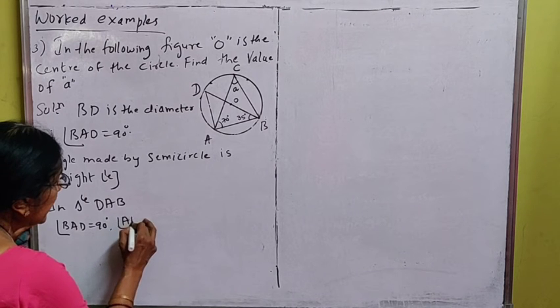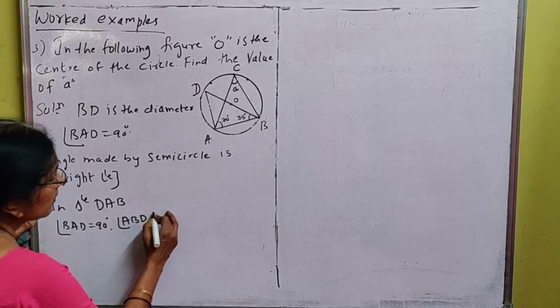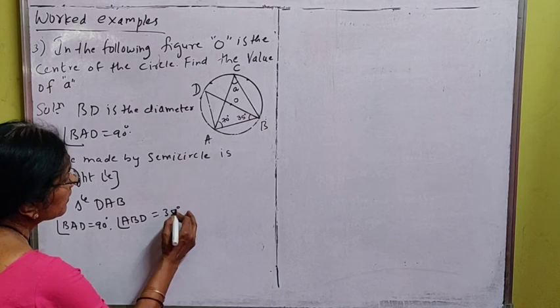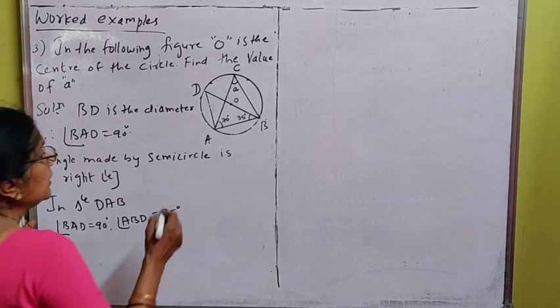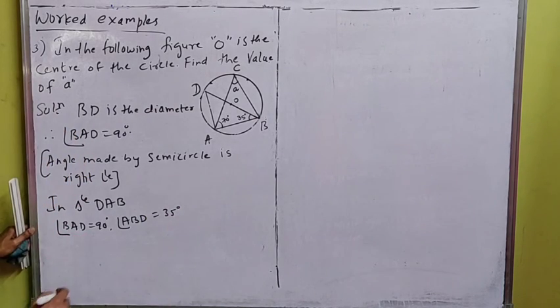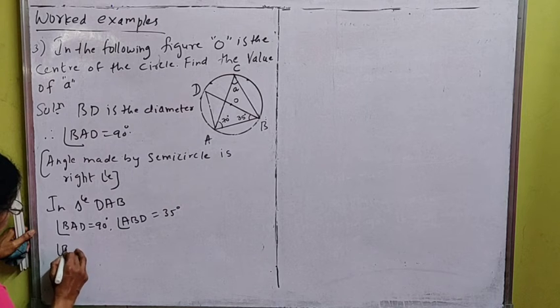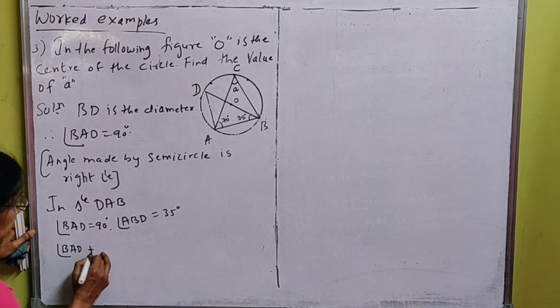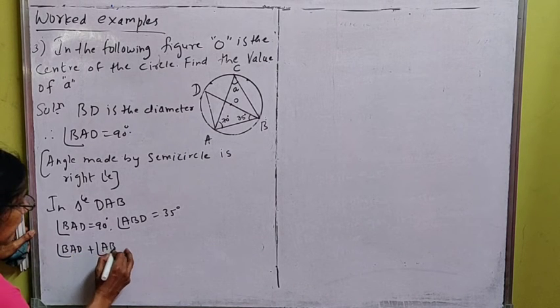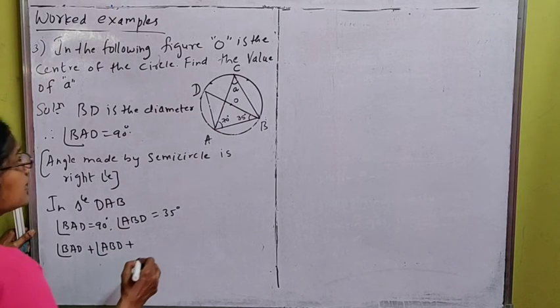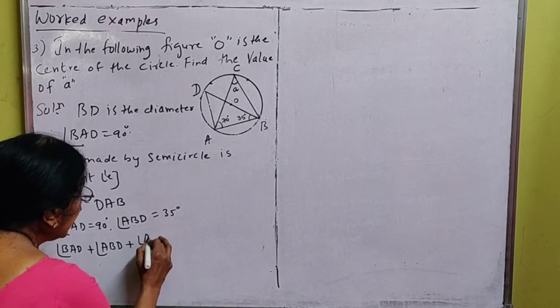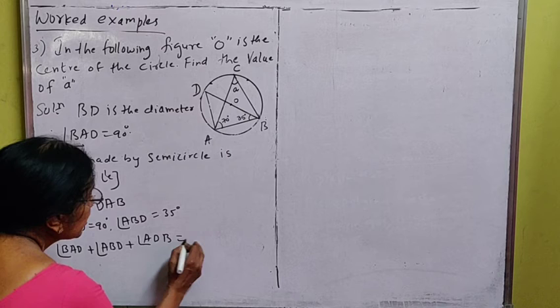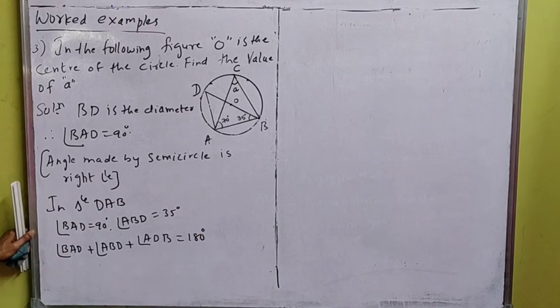Angle ABD is equal to 35 degrees. Now we will take the interior angle theorem. Angle BAD plus angle ABD plus angle ADB is equal to 180 degrees.